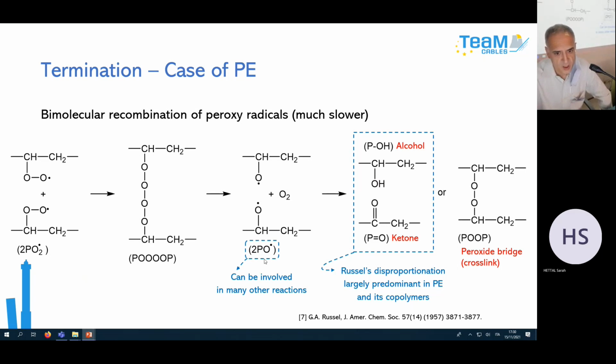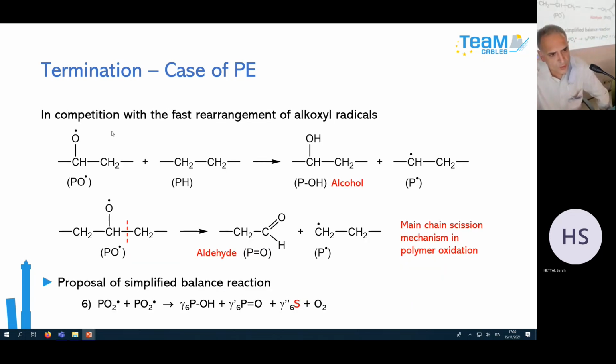But in the literature, it was also shown that alkoxy radicals can be involved in many other reactions. If you remember, I showed you in my first slide that this alkoxy radical can abstract hydrogen to form alcohol, or can decompose rapidly by beta scission to give aldehyde.